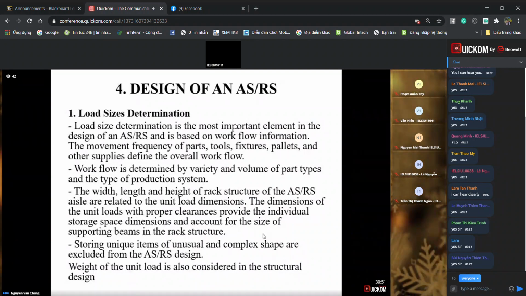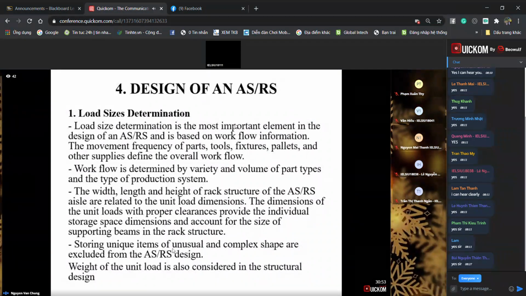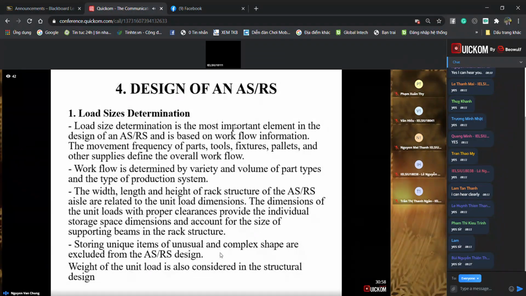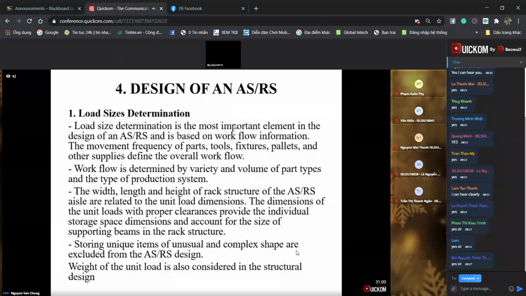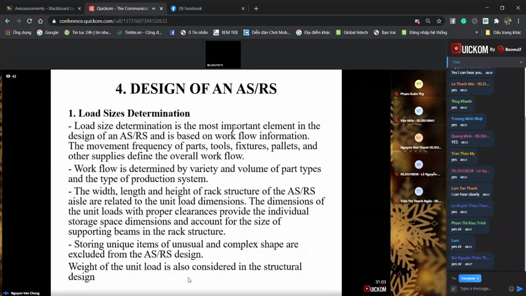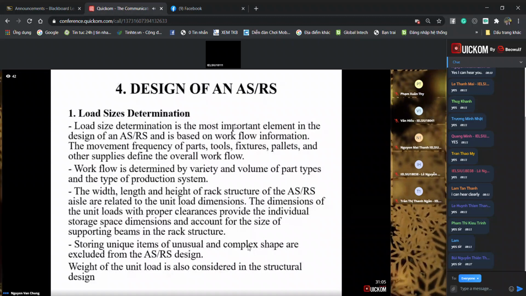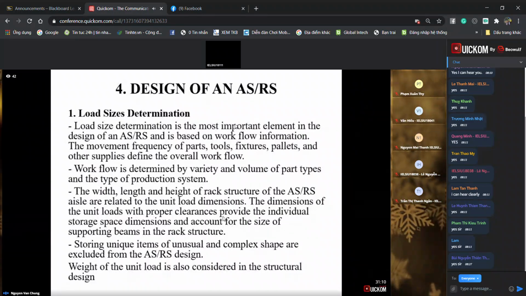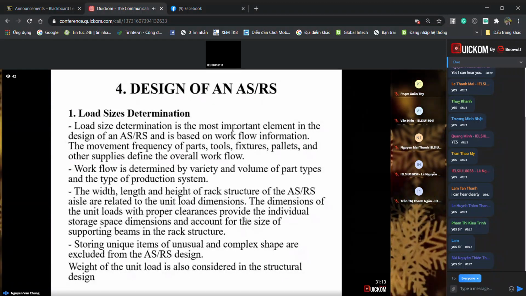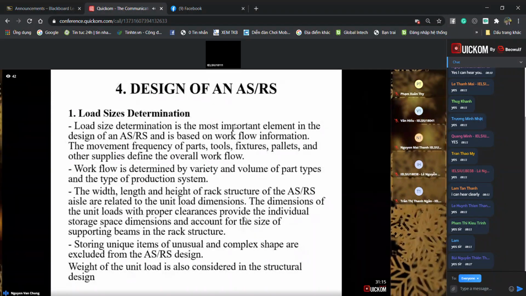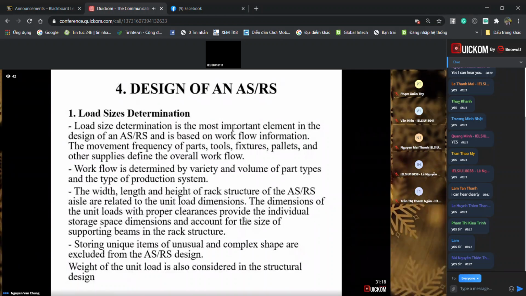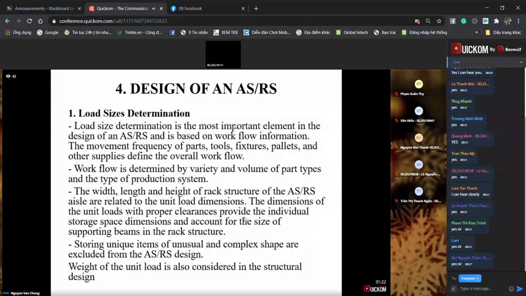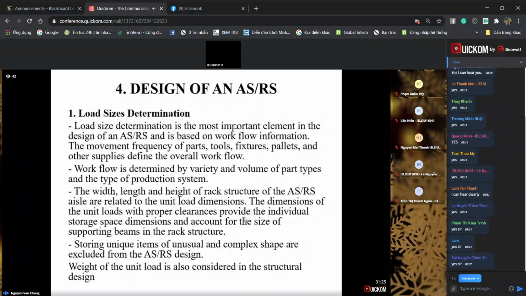Why do we have the clearance provided? Because when you store or retrieve the unit load in the compartment, you need the clearance.